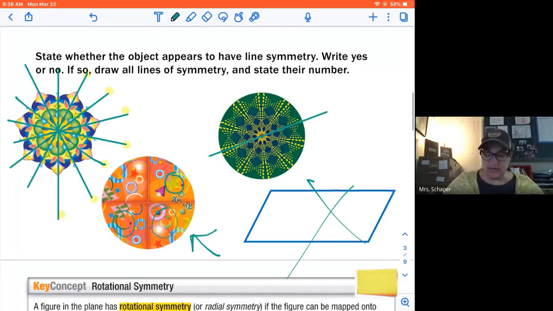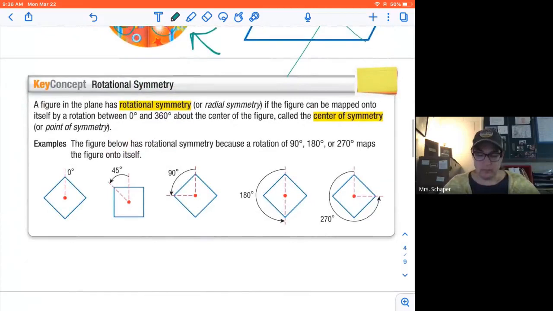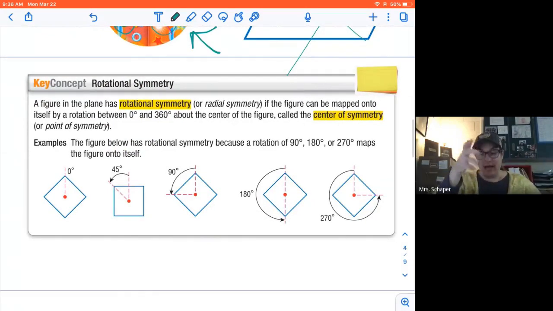The other piece is rotational symmetry. That's when you turn it. Think of a dial. It can be mapped onto itself anywhere from 0 to 360 degrees, and it just depends on the figure. Sometimes it's 180 and 360.